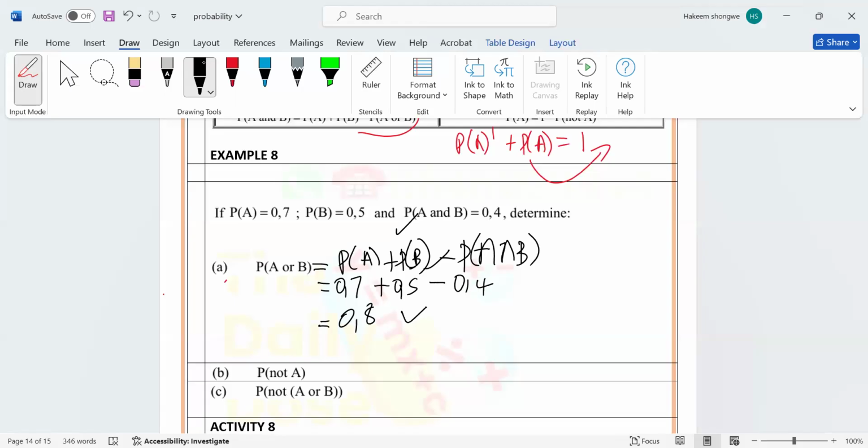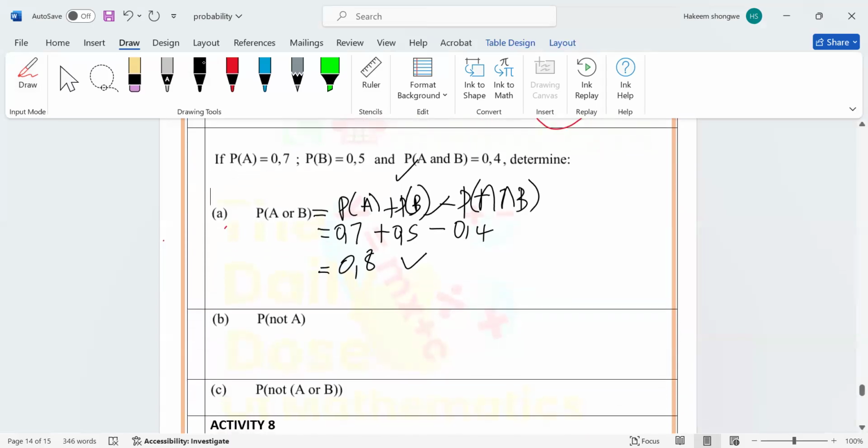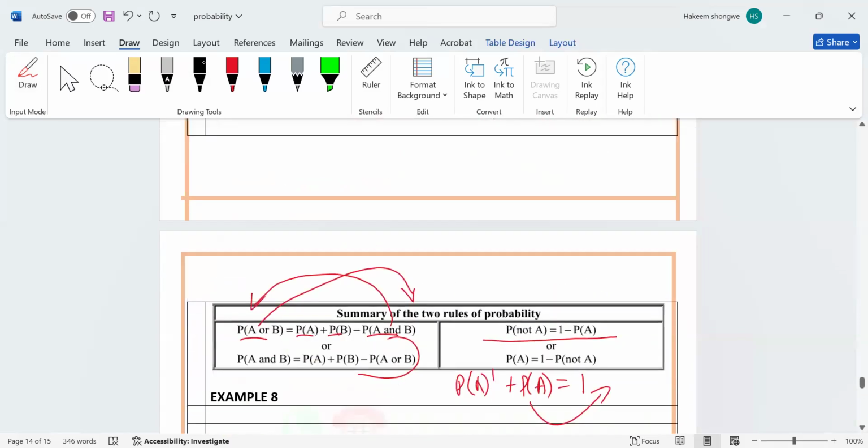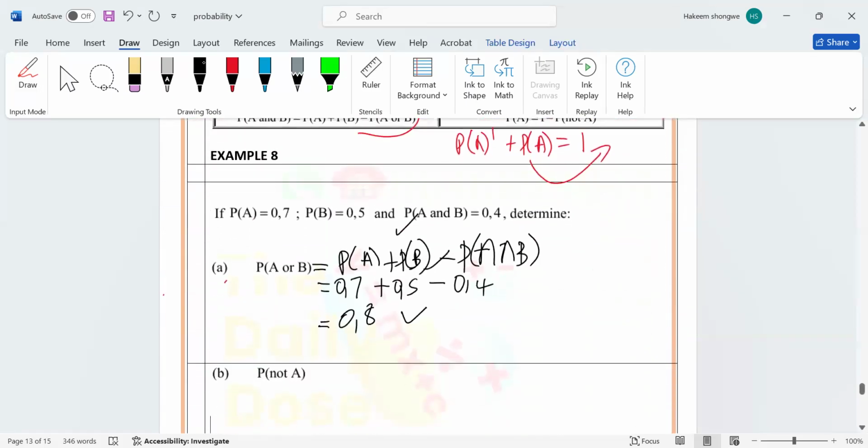Next, the probability of not A. We want the probability of not A. How would we get the not then? Remember, from the top, what do we know? The probability of not A is equal to 1 minus the probability of A. Let's look into that. So what are we going to say if they want the probability of not A?